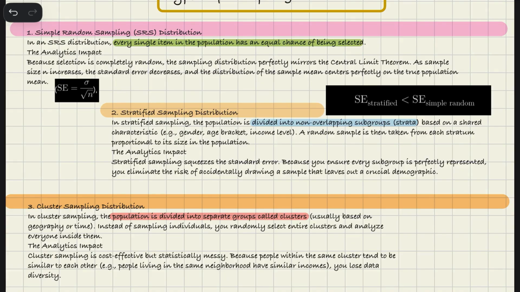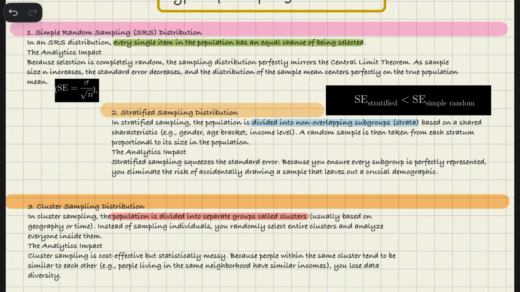And then lastly, we have cluster sampling. This is often confused with stratified sampling as well, so please pay close attention. In stratified sampling, we divide the people into groups based on characteristics, and take a sample of a few people from every group.